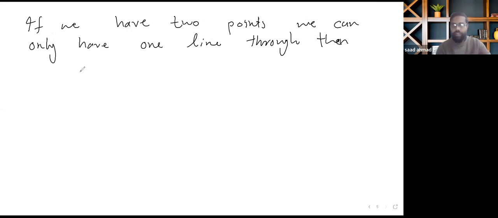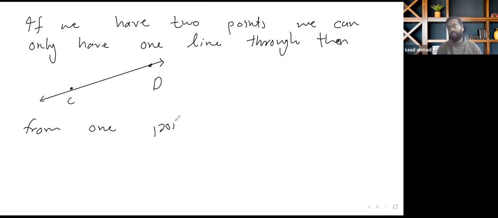Let's say this and this, let's say CD, you can only pass exactly one line through them. You cannot pass more than one line through the 2 points, because even if you try to, that will still be the same line. And from one point you can pass infinitely many lines.